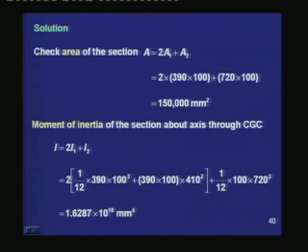For the second rectangle, the moment of inertia is given by this expression about its centroidal axis, because for the second rectangle the centroidal axis coincides with CGC. Substituting the geometric values, we find I is equal to 1.6287 times 10 to the power 10 millimeter to the power 4.